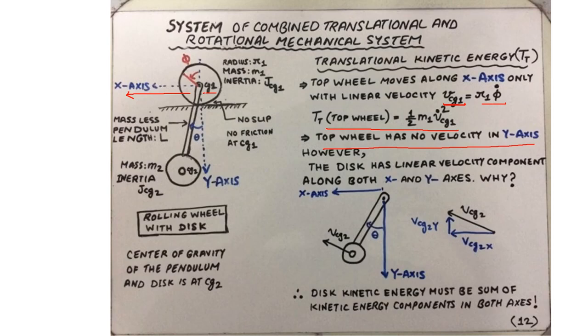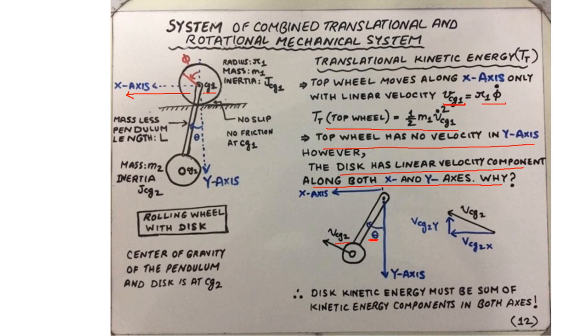Now comes the bottom disk. The disk has linear velocity, which can be decomposed into both the x and the y-axis. Why is that the case? Let's consider the situation here. You can say this is the tangential velocity of the pendulum and disk system as it rotates about the z-axis and makes an angle theta with the y-axis.